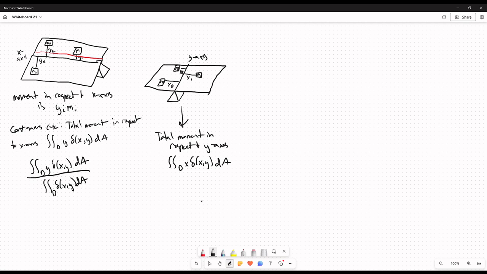And then if I wanted to find where to put my new fulcrum, I would again divide the total moment with respect to the y-axis by the mass, and maybe I'd get something like this.